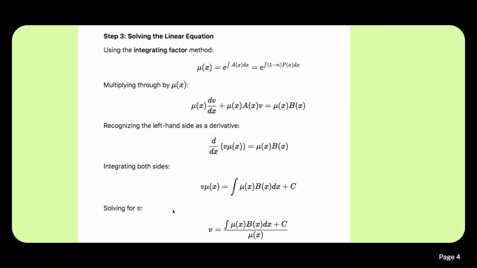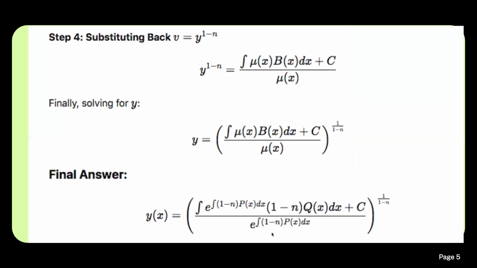So we can solve for the function v. Remember we put v equals y to the power of 1 minus n, so we can rewrite this in terms of y. Then we get the final answer to the Bernoulli equation in this form.